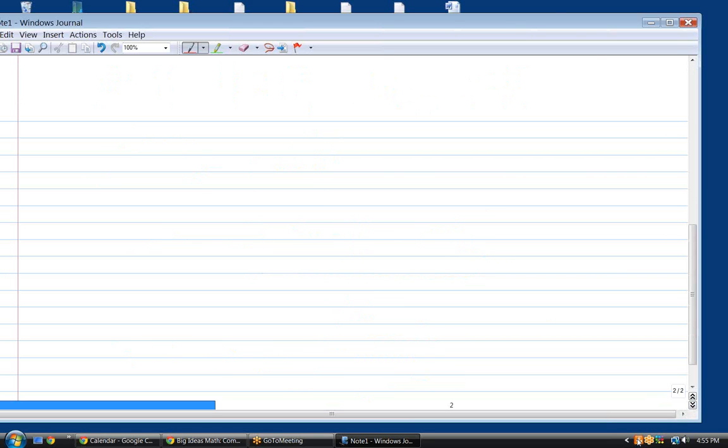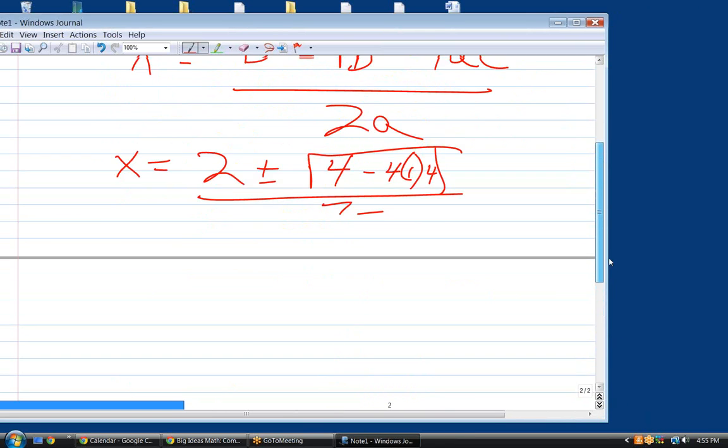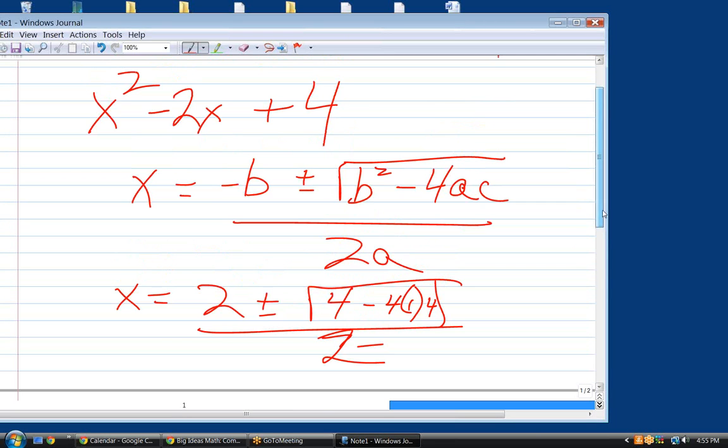So there is my answer, believe it or not, to solving that particular quadratic. Now, I can reduce it, and this does bring into play imaginary numbers. I purposefully did that, but it wouldn't have to.